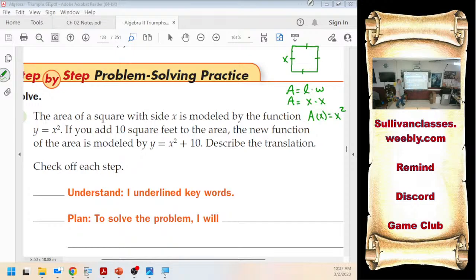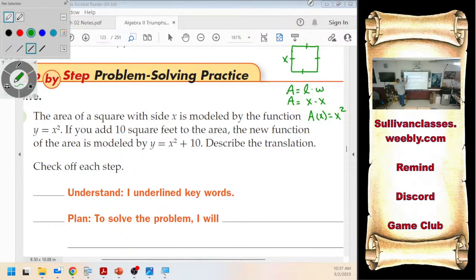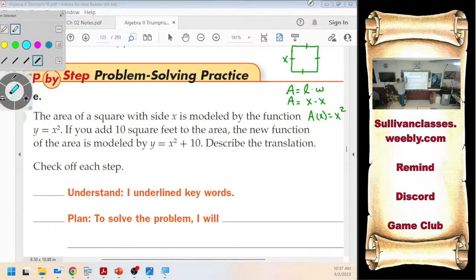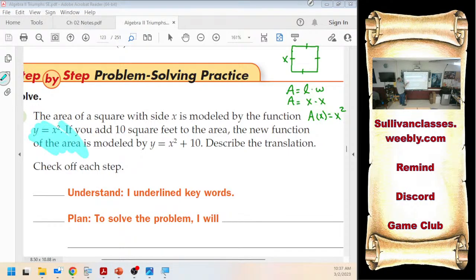Okay, so I can say A of x is x squared. I could say y equals x squared. If you add 10 square feet to the area, you get this guy. Describe the translation. That just means that all of this was practically useless.